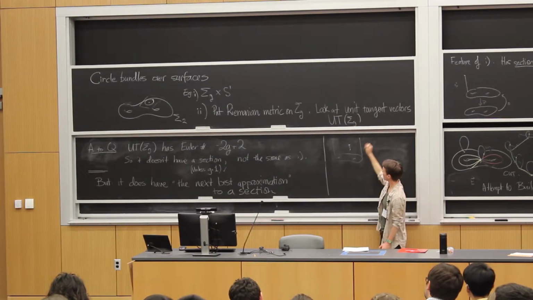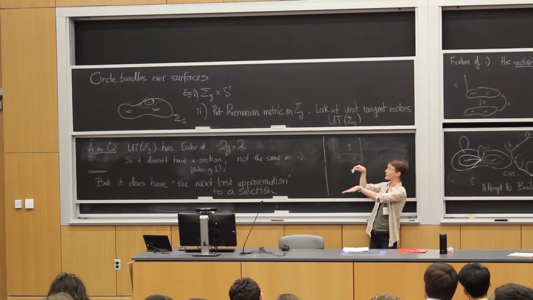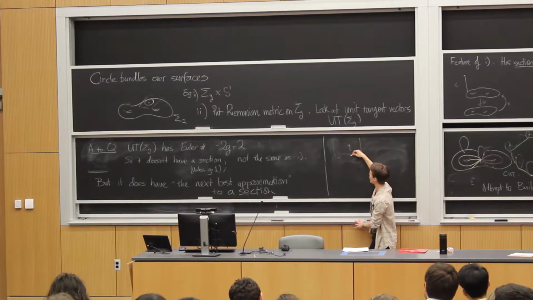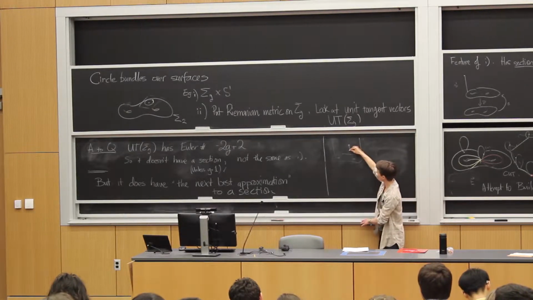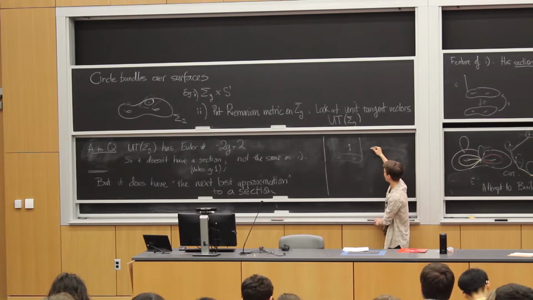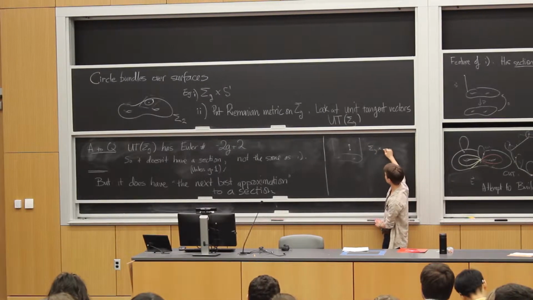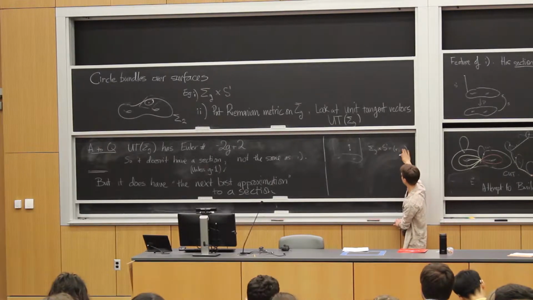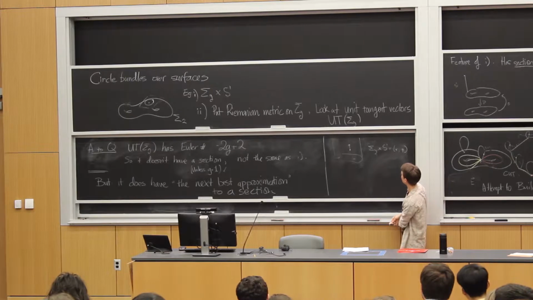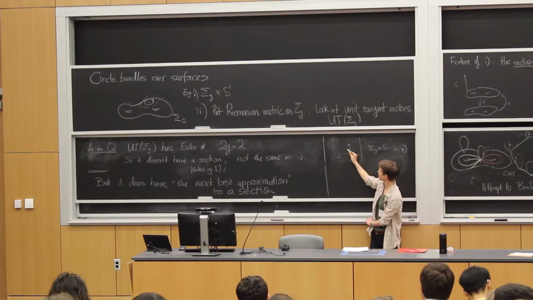In the product one, I also have a transverse direction. So there's going clockwise around the circle. Or if this point in the surface cross circle is, I don't know, x in the surface S, let's call p in the circle, I can keep p constant and move horizontally through my surface.